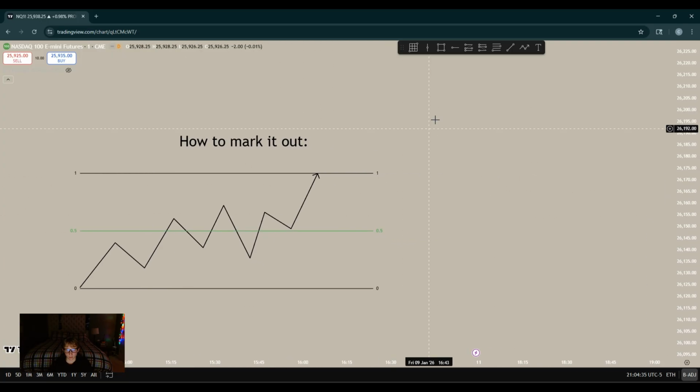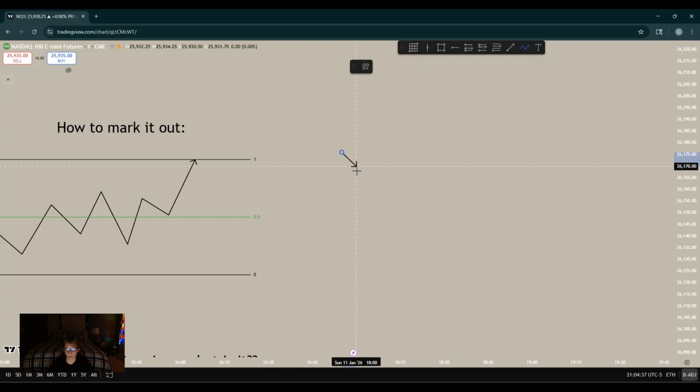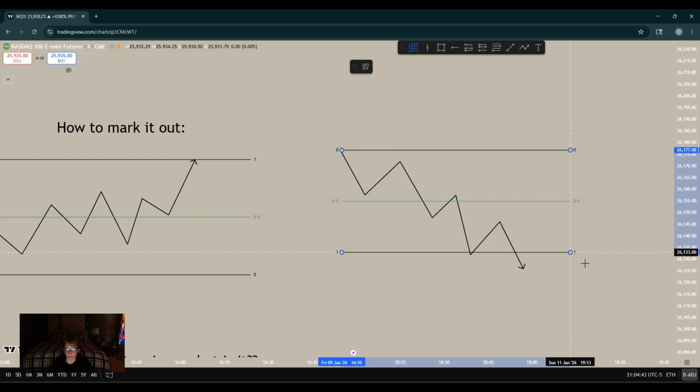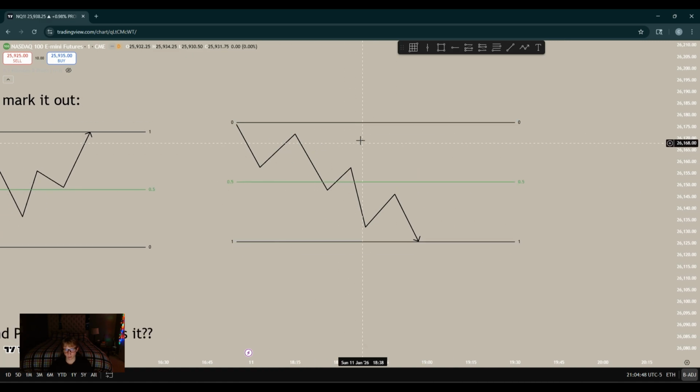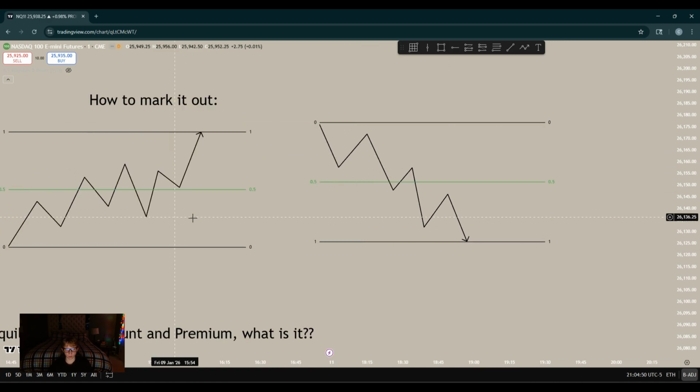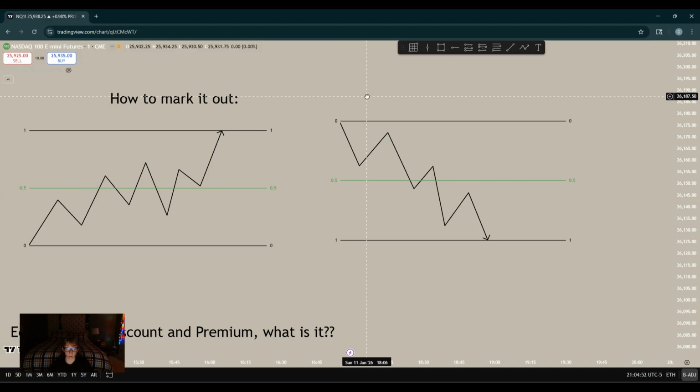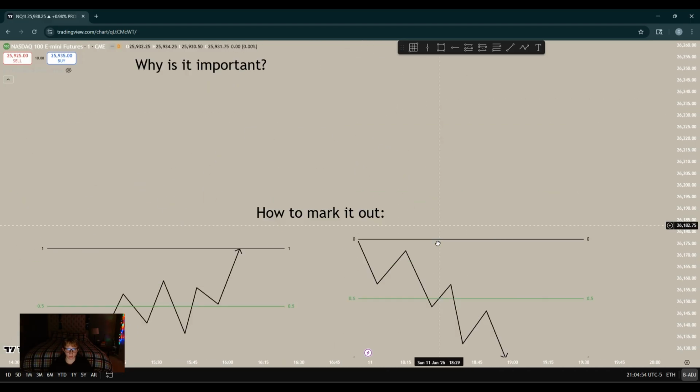For a bearish example, it's just going to be reversed. Everything in discount would be above. So below is uptrend, above is downtrend. This is how we mark it out.